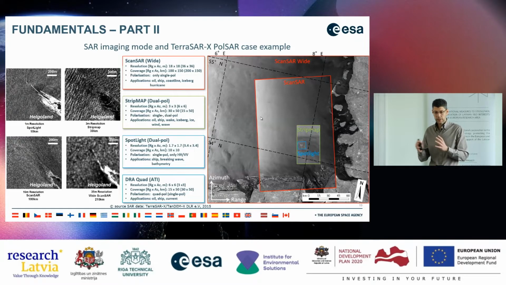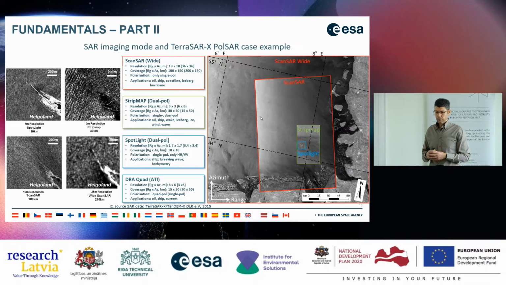For example, in TerraSAR-X, you have a swath width of 30 kilometers, and you can go down to 2 to 3 meters resolution. And then you have the spotlight mode, which is the very high resolution, but you see you cover a very small portion of the Earth.